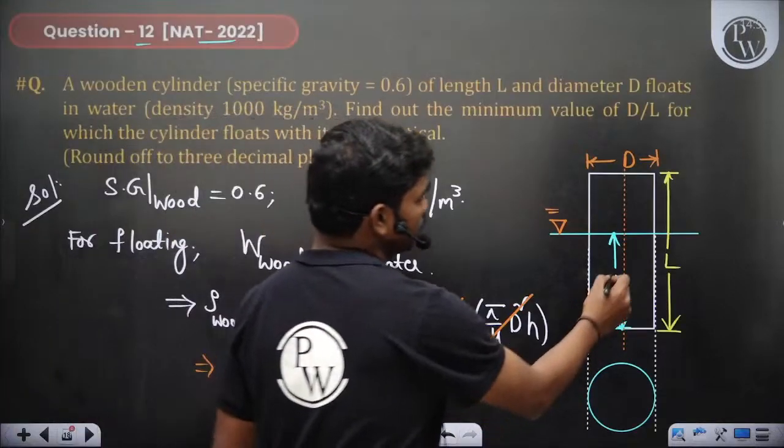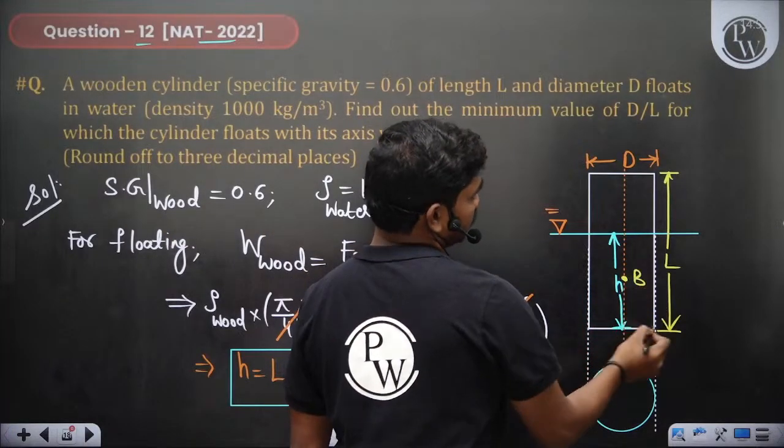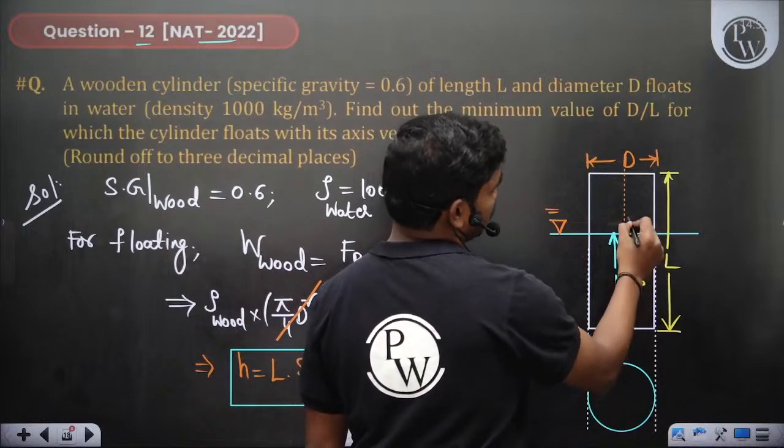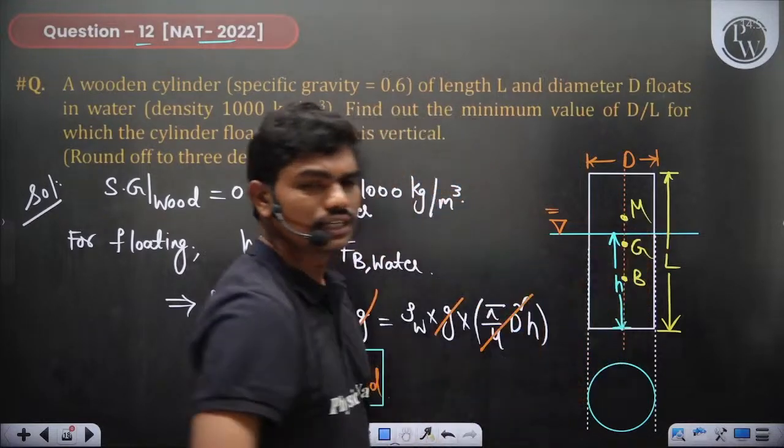Let's say for example B is here, then G is somewhere here, then the metacenter is somewhere here, because it's floating.